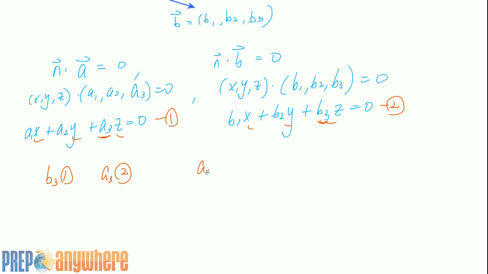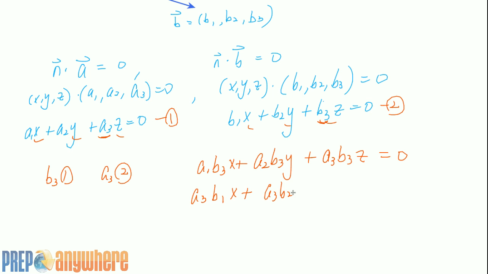We get a1 b3 x, a2 b3 y, and a3 b3 z. I'm going to list equation 2 at the bottom here. We get a3 b1, a3 b2, a3 b3 z. Do you see how it matches up exactly?